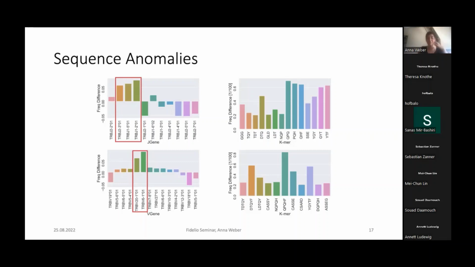Compared to those, we find that 2 V segments and 3 J segments occur a lot more often than usual in our sequences. That might be a hint to binding patterns, for example, as these regions are important for binding to the protein that holds the peptide.